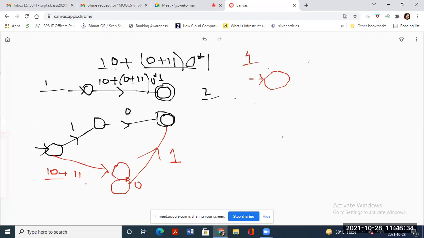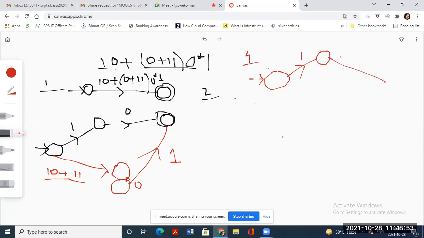This one is 10 plus 11. Again, the final step is left, so we will redraw the upper portion, which will be the same. It's 1 and 0 coming to the final state.